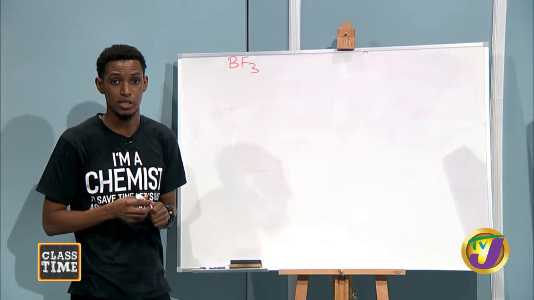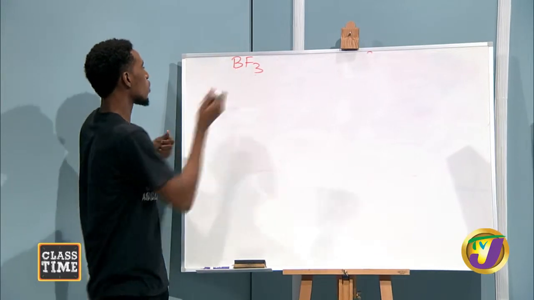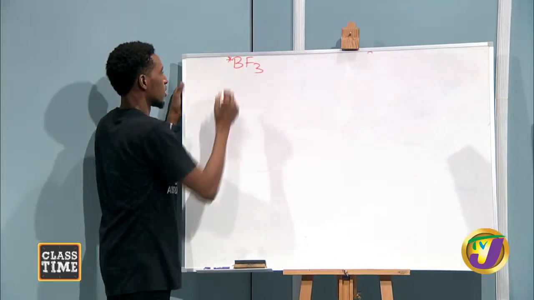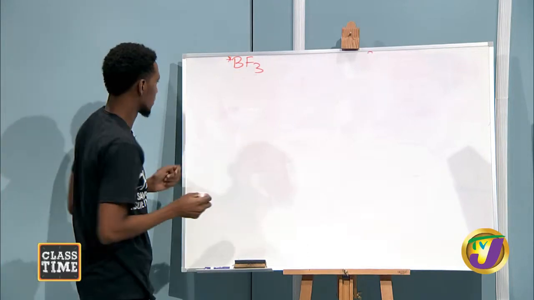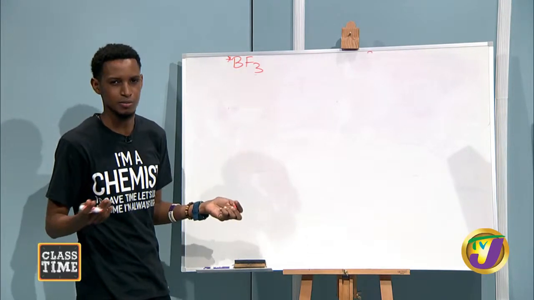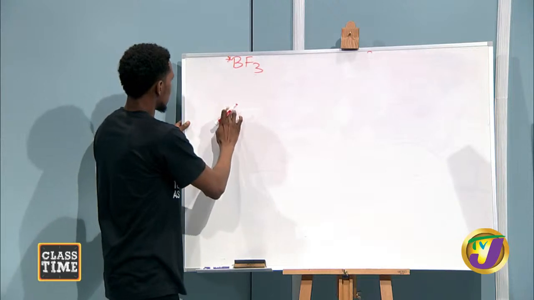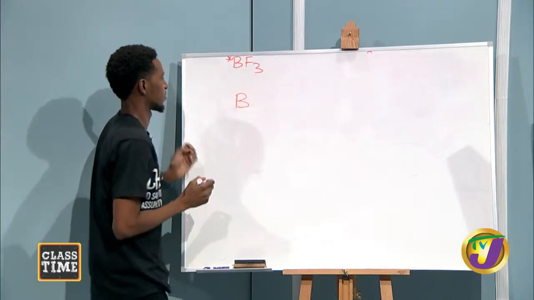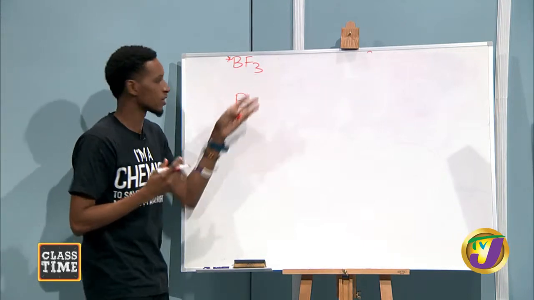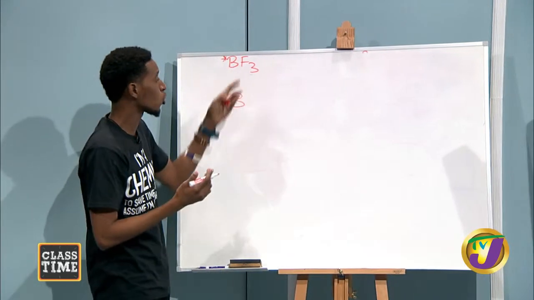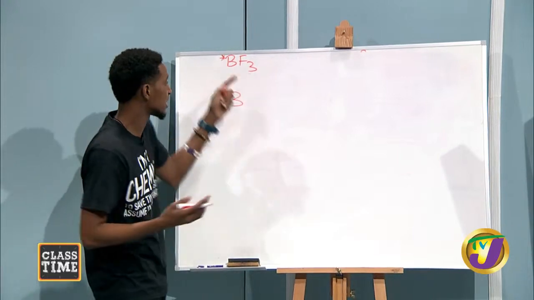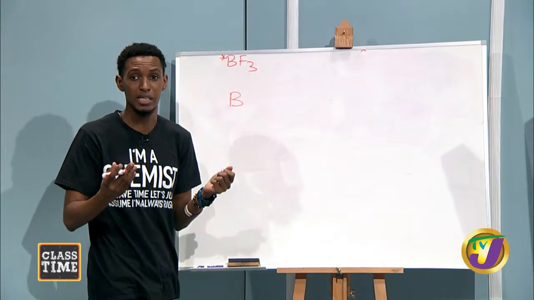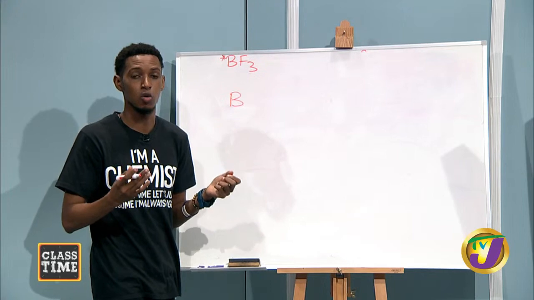It's more electropositive. So I'm predicting that boron would be my central atom, right? In this case, it's a metal. So I'm writing boron. And then I should put these outer atoms, so the fluorines would be the outer atoms, because since we selected boron as our central metal, the fluorine has to be the outer atoms.